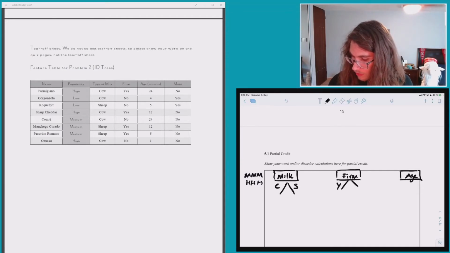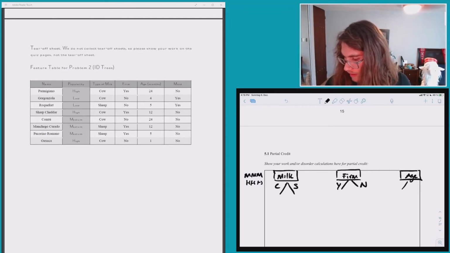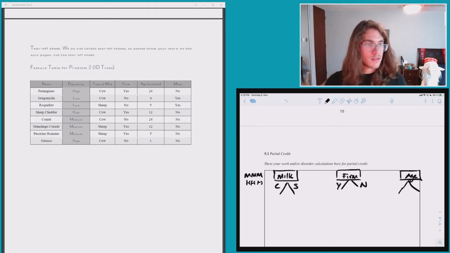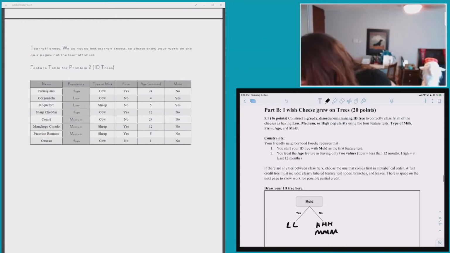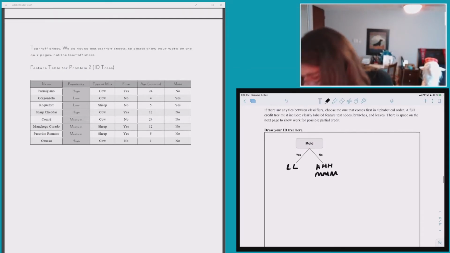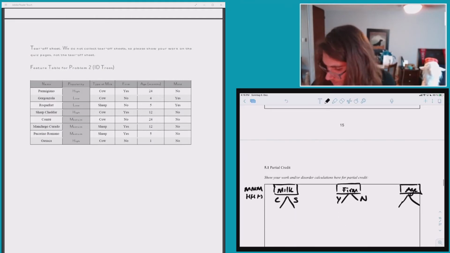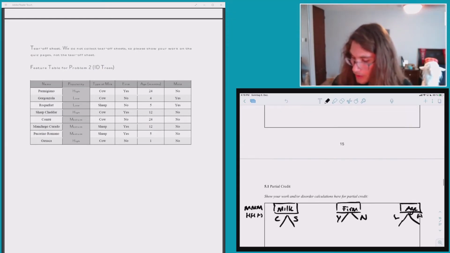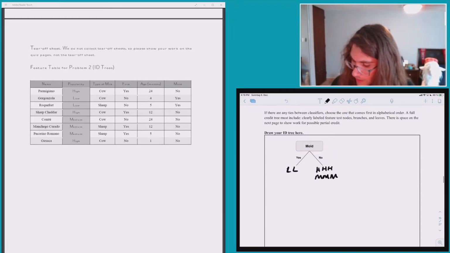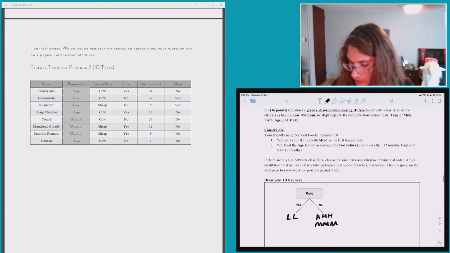Firm, yes or no. And then age. We're asked to split it into either, what was it? Low or high. So we've already calculated milk and firm, and I'll notice that the new data set is exactly the same, except I no longer have cheeses with low popularity.